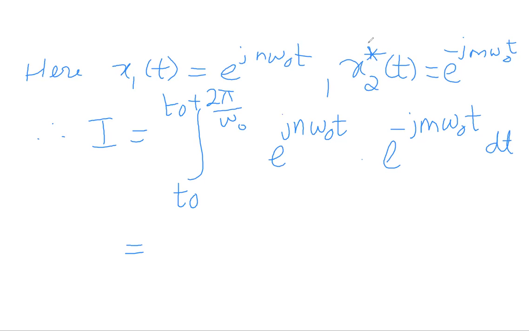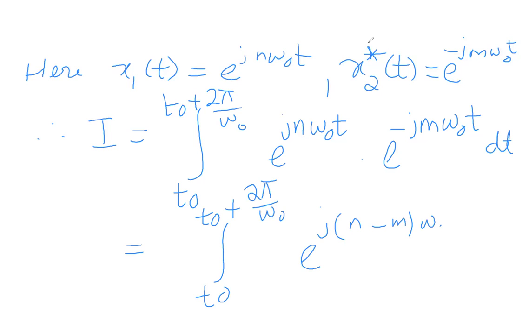Now, since when you multiply exponential functions their powers are added, the next step will be the integration from t naught to t naught plus 2 pi by omega naught of e to the power j n minus m omega 0 t dt.